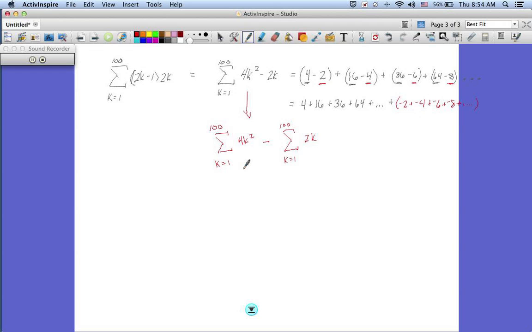But the nice thing now is this is the squares, and this is integers. I have formulas for both of them. I have formulas to add up the squares. I have formulas to add up the integers. So I can do that. Now again, I'm going to do something here ahead of time so we don't need to do it later. 4k squared, as you see, is 4 times 1, 4 times 4, 4 times 9, 4 times 16.